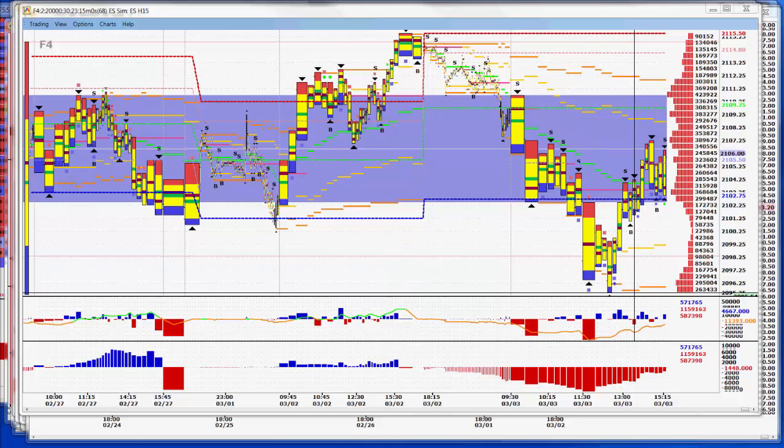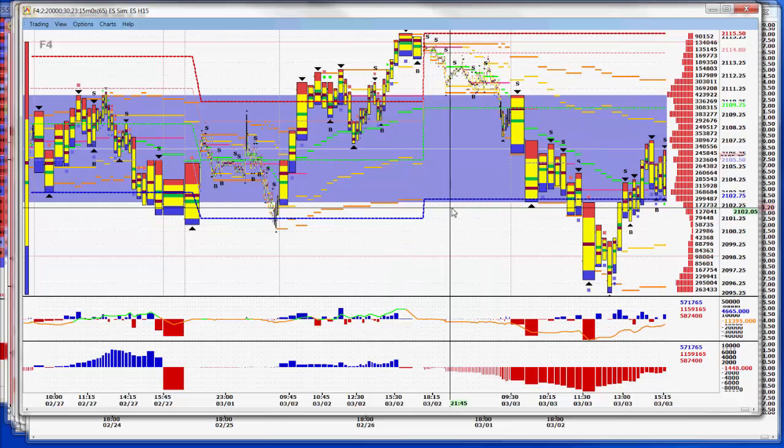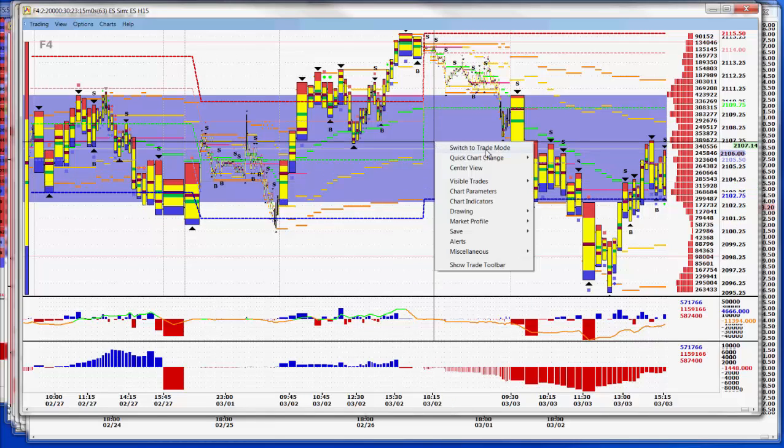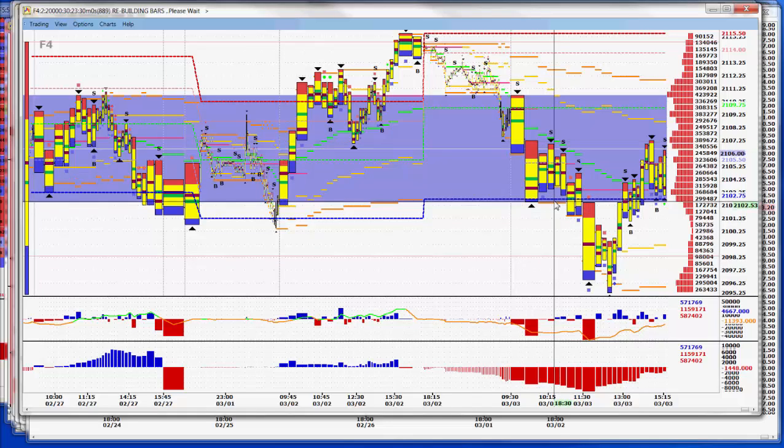Let me take a look at a 30-minute chart. One of the things I learned a long time ago is that it's the taking out of a 30-minute bar's high or low that really gives you the great big trade.